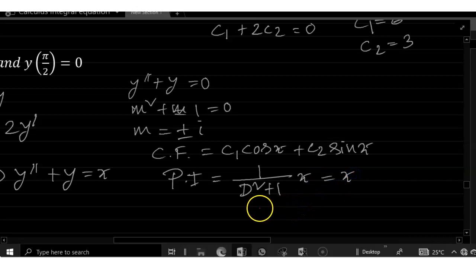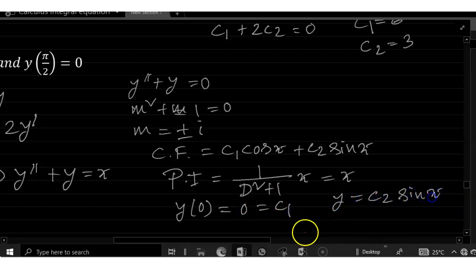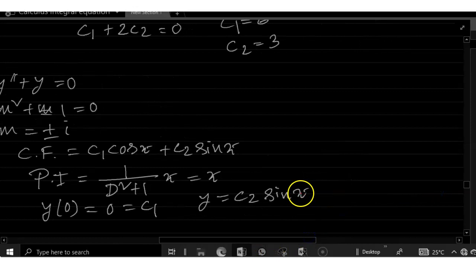And y(0) equals 0 gives c1 equals 0, so y equals c2 sin x plus x.